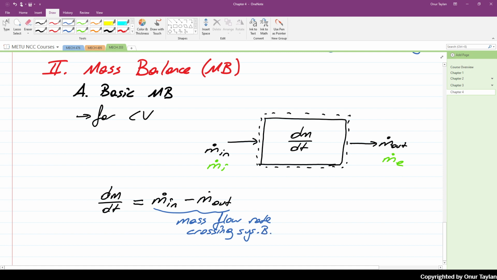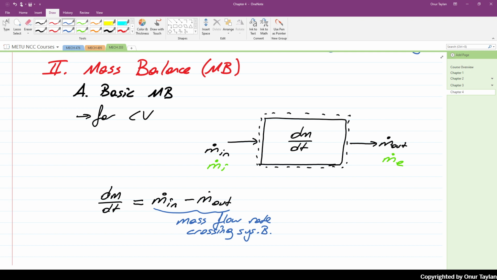Basically, m dot in is the mass that enters the system through the system boundary. M dot out is the mass flow that leaves the system through the system boundary. If there is any mass flow within the system, say this particle over here moves to here, it is also a mass flow, but we are not considering it because it doesn't cross the system boundary. We just consider the ones that cross the system boundary. That's why how you draw the system boundary matters.